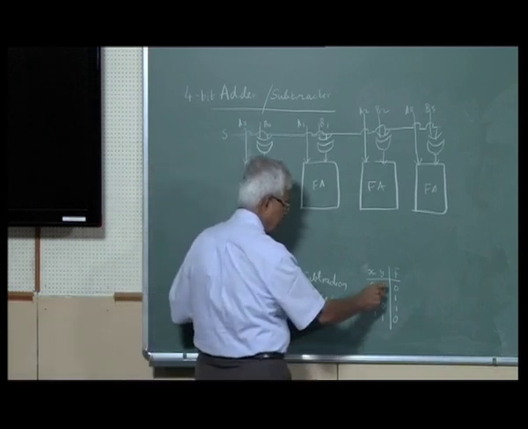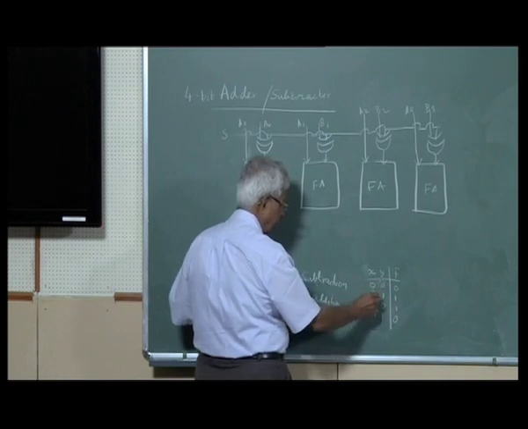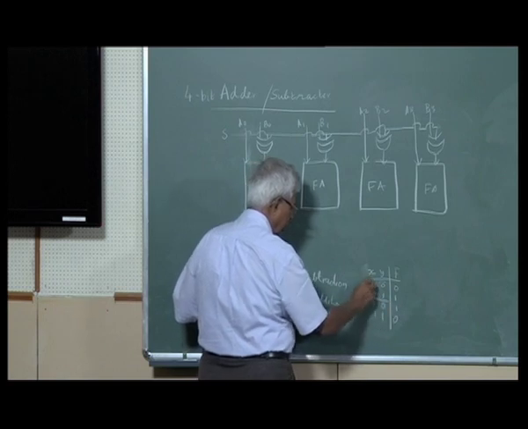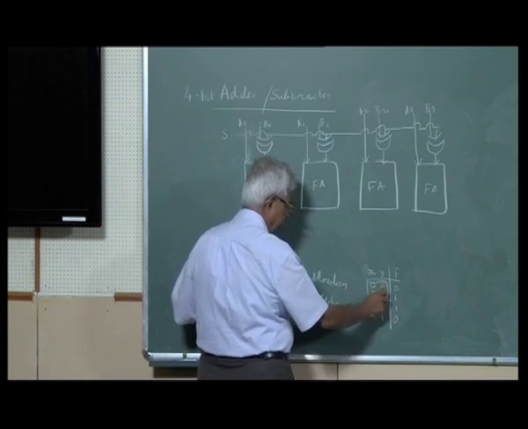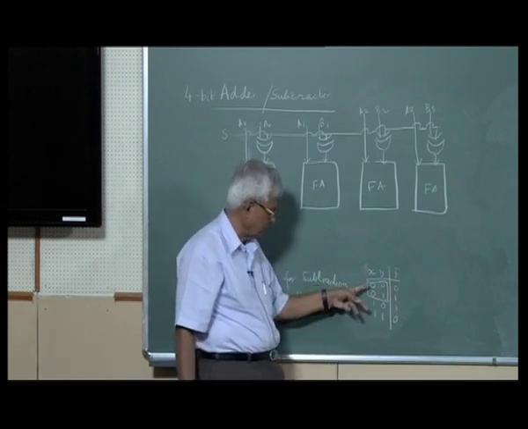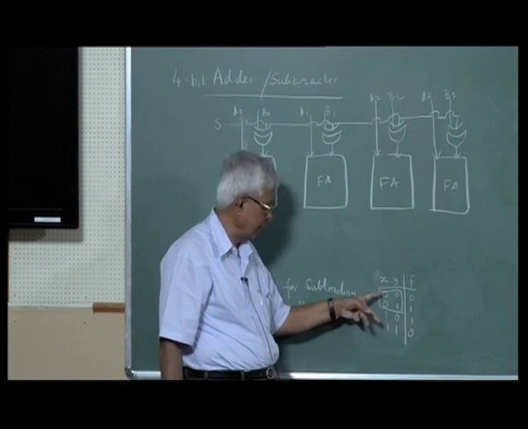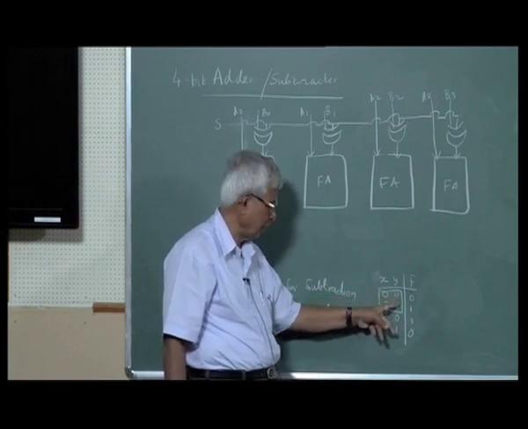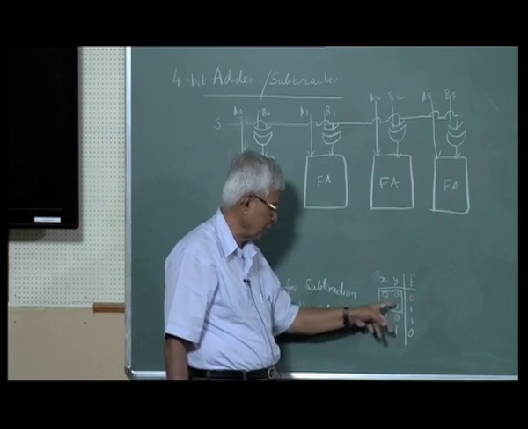So if it is F, the second input is 0. When one of the inputs is 0, the output is same as the other input. In exclusive OR, there are two inputs. If one of the inputs is 0, the output is same as the other input.